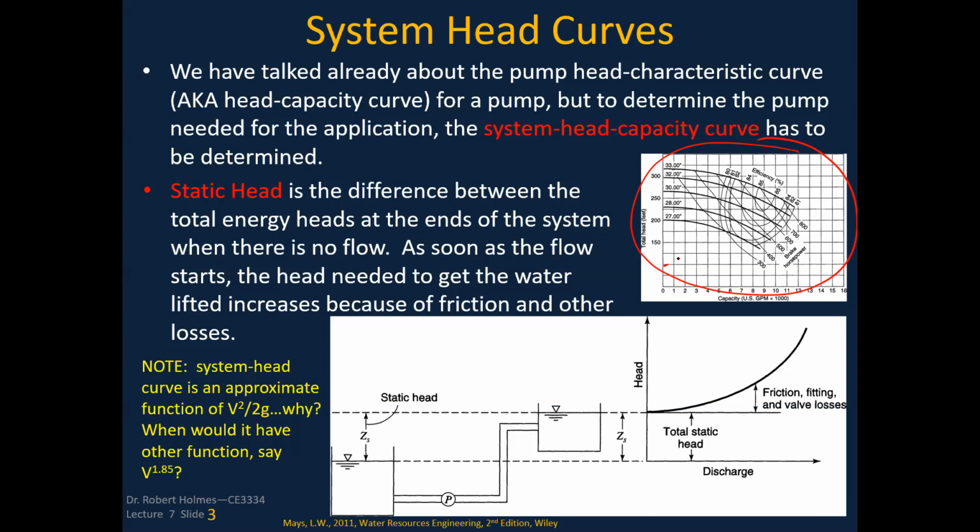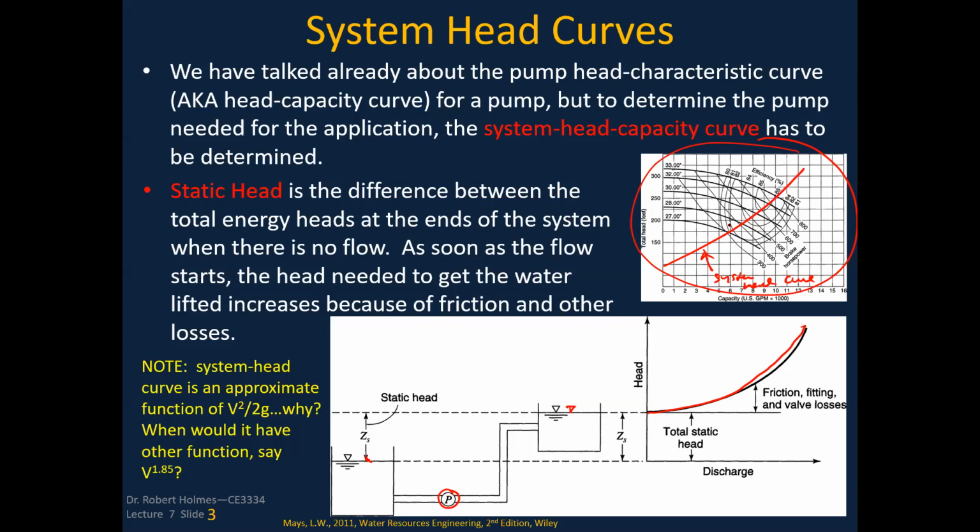And so we're going to be looking at drawing some sort of system head curve that will be, from the system standpoint, writing an energy equation, including the pump in there, from one location through the pump to another location to come up with the system head curve.